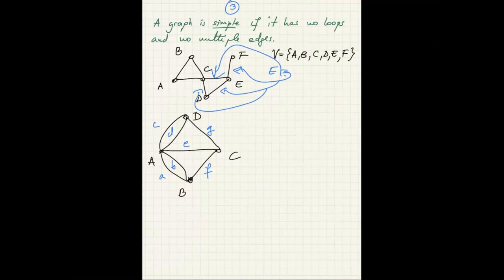Let's look at it as a matrix. So let's write the vertices as rows. I have A, I have B, I have C, and I have D. And then let me write the edges as columns: A, B, C, D, E, F, G.